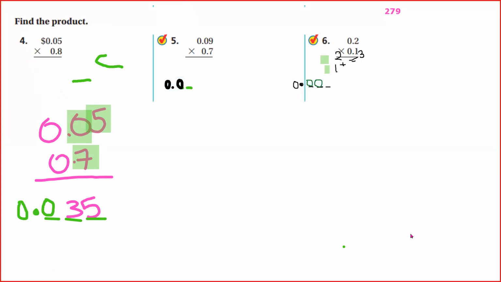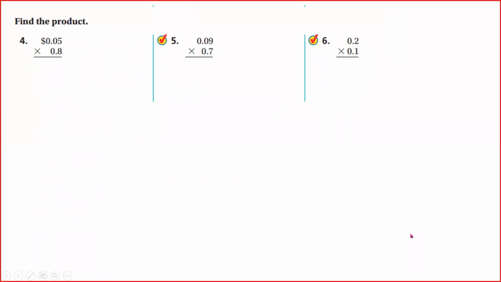Number 4. Now, Noura. Yes, teacher. Yes, Noura. 0.5 times 0.5 hundredths times 0.8 tenths. 5 times 8. 5 times 8 is 40. Bravo.